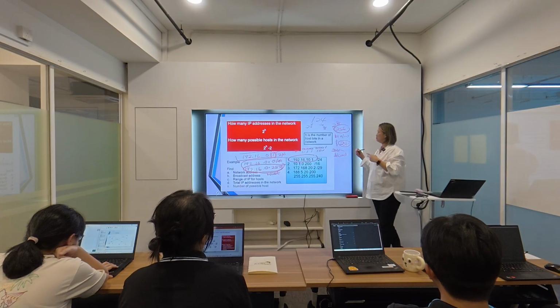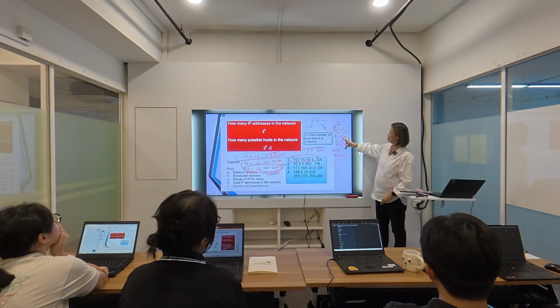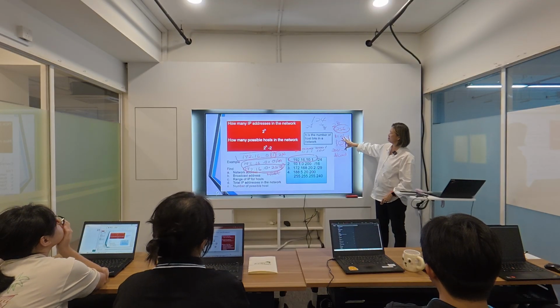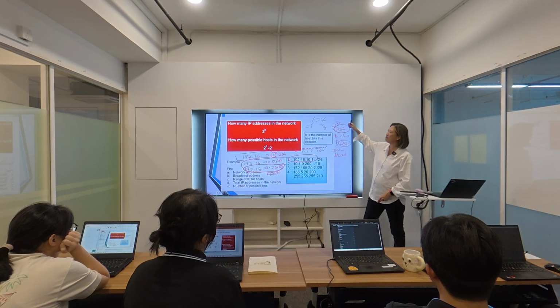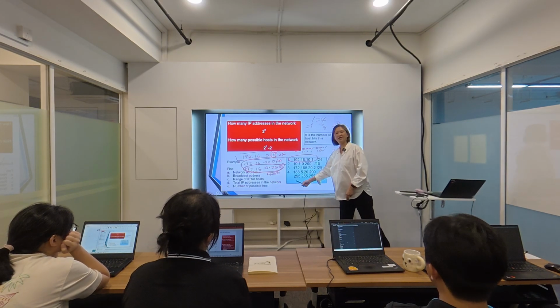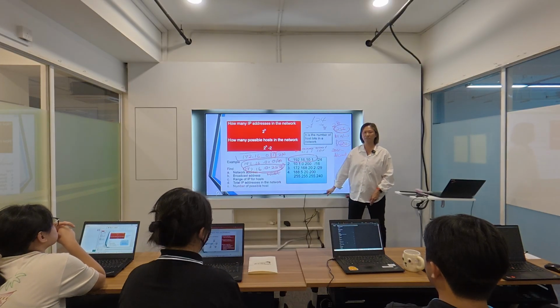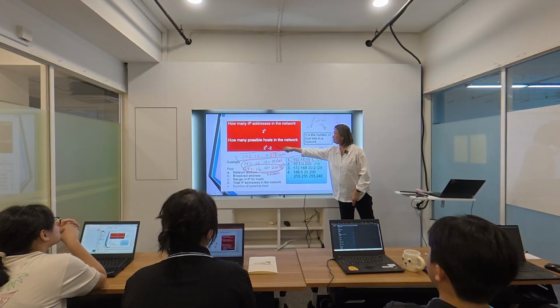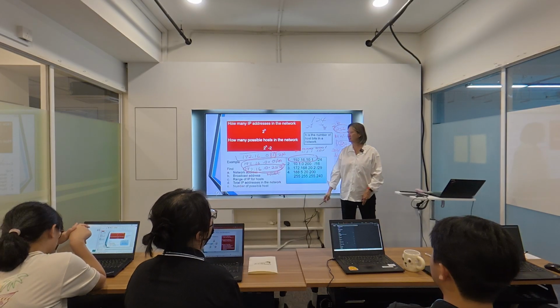So there are 2 addresses in the network that you cannot use for hosts. That's why if you calculate how many possible hosts are in the network, you take the full network size minus 2. Why 2? The first one is the network address. The other one is the broadcast address.